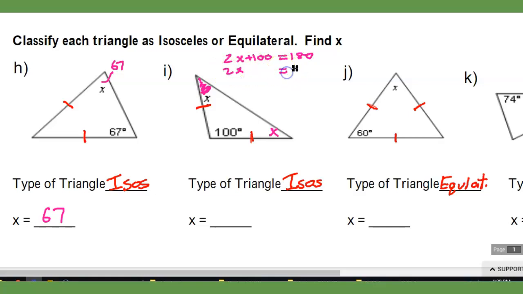So the 2 base angles by themselves will equal 80, which means each base angle is 40. All right, back to equilaterals, the ones we like because they're all equal. Hey, 60, 60, 60. This one was 40.